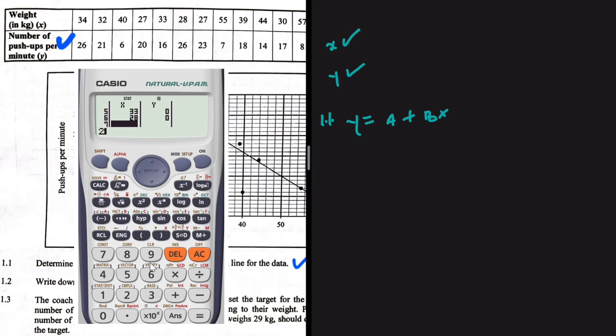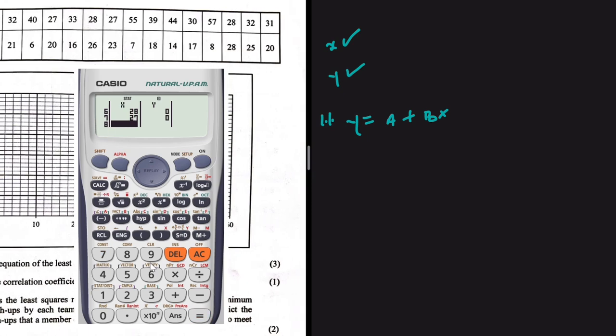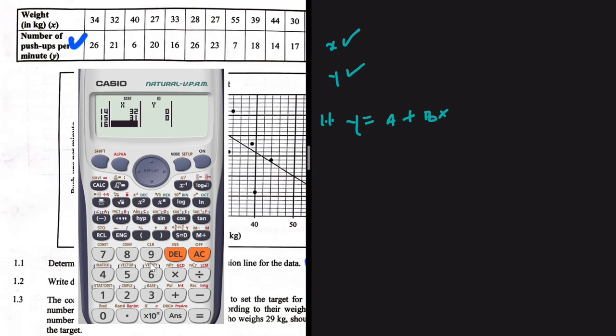After 27, we have 55, and then 39, yes, 39, 44, followed by 30, 57, 28, 32, and 31. Those are our 15 entries as far as the x values are concerned.